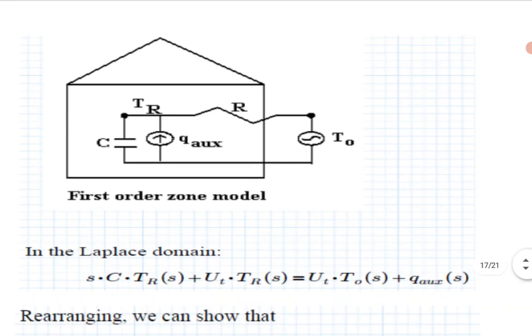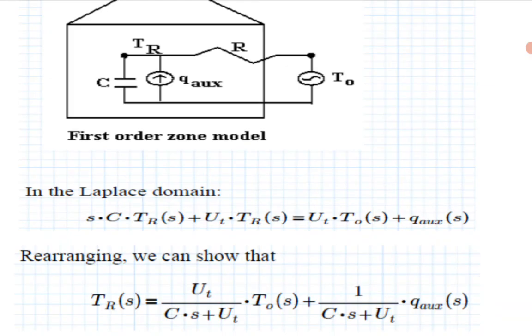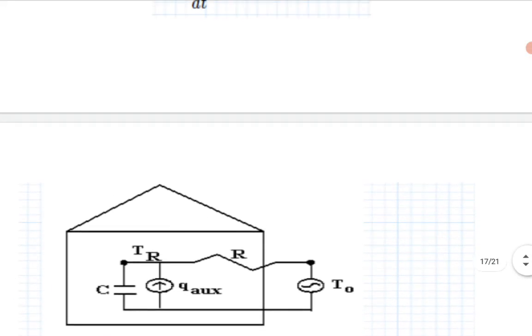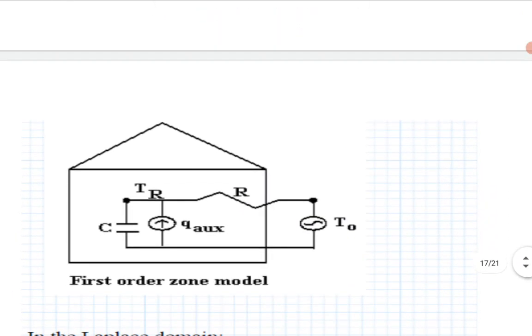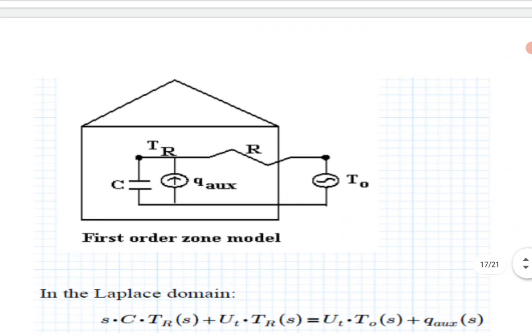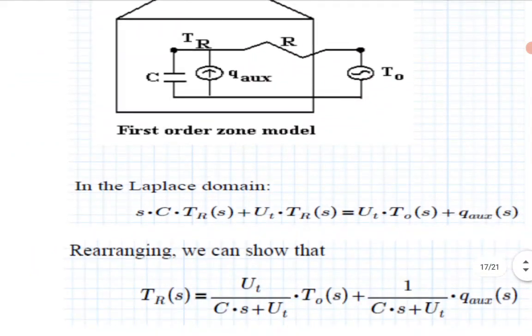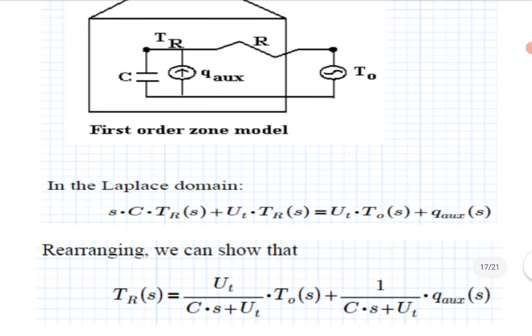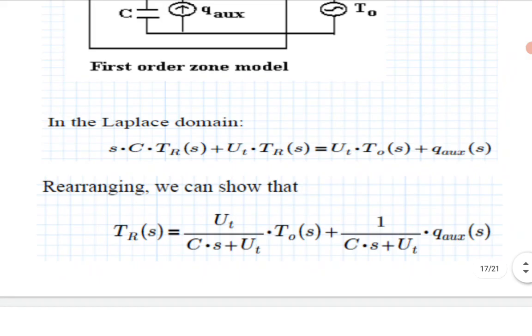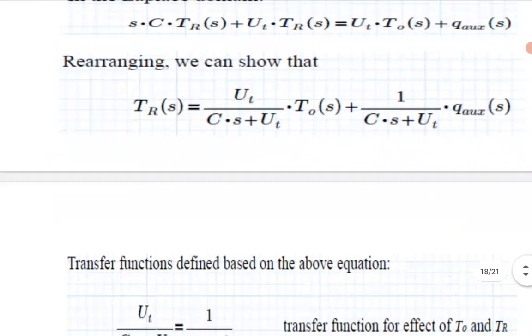Then we may apply Laplace transform with 0 initial condition that generates C S Tr of S plus UT into (Tr of S minus T0 of S) is equal to Q auxiliary of S. Rearranging it, we can generate Tr of S is equal to UT by (Cs plus UT) into T0 of S plus 1 by (Cs plus UT) into Q auxiliary of S.